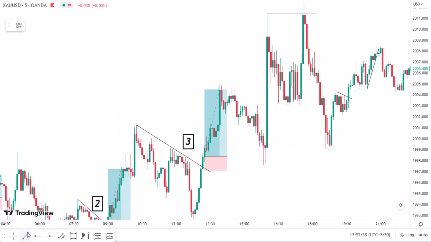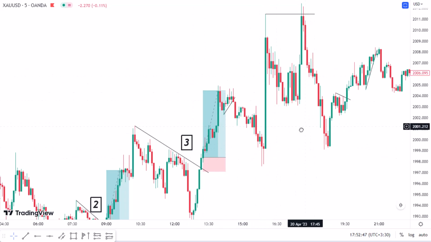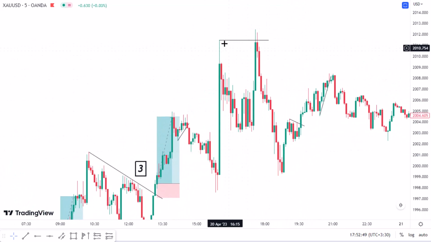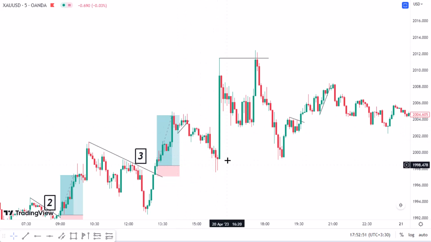Like we had this trend line here. With the break of that here, we could enter a sell position, put our stop loss above the candle and get our reward too. Or this resistance here: the price started going up, the price pumped to the upside, but it rejected from an invisible level.